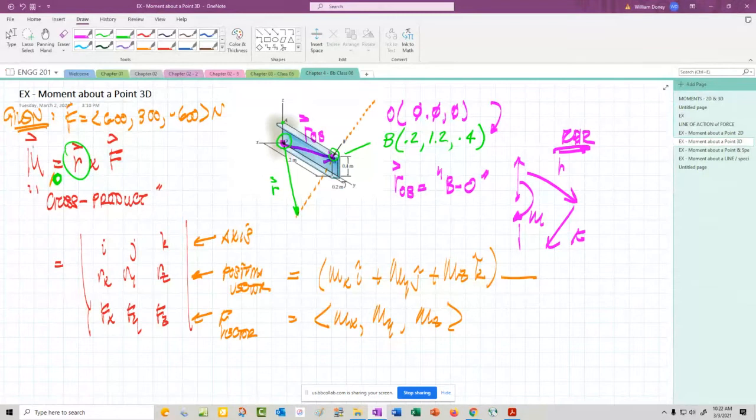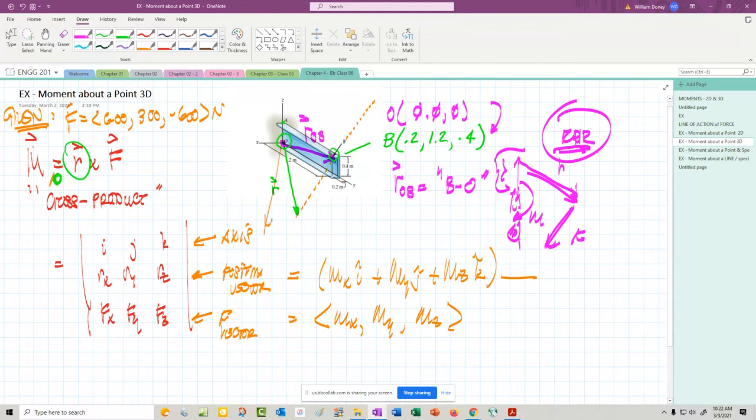Righties tend to forget to put down their pencil, and they do a left-hand rule without knowing it. So through the right-hand rule, R crossing into F should have your thumb pointing downwards. So we're expecting the resulting moment to be down that way. When we get our answer down here, I'm going to expect at least a negative z. Okay?